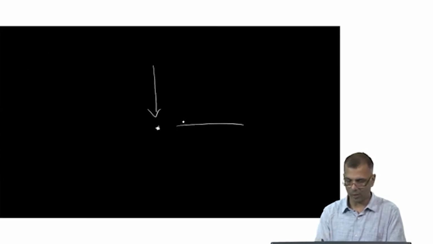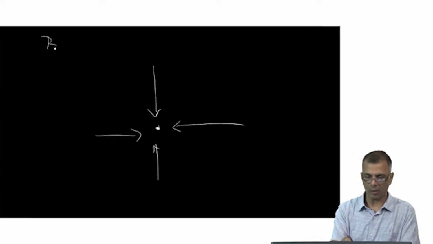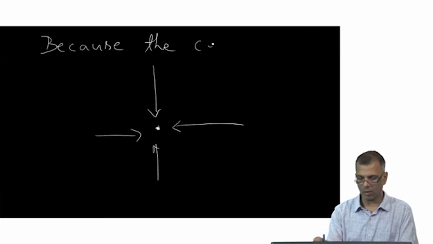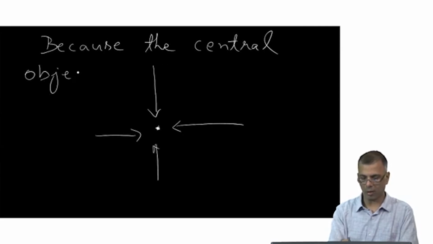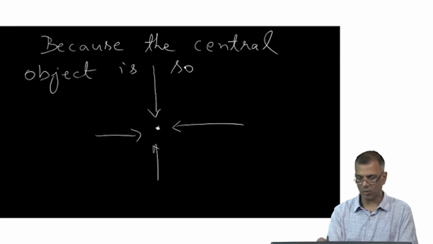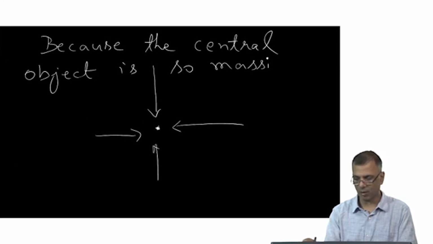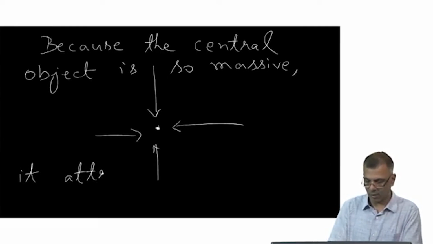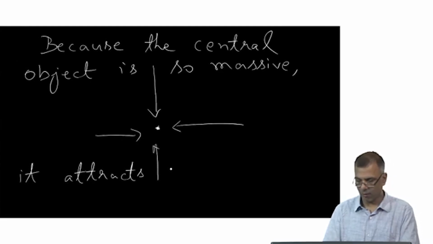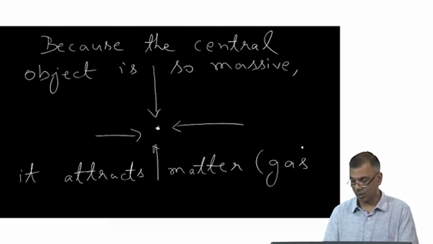Because the central object is so massive, it attracts matter, in particular gas, from around it.